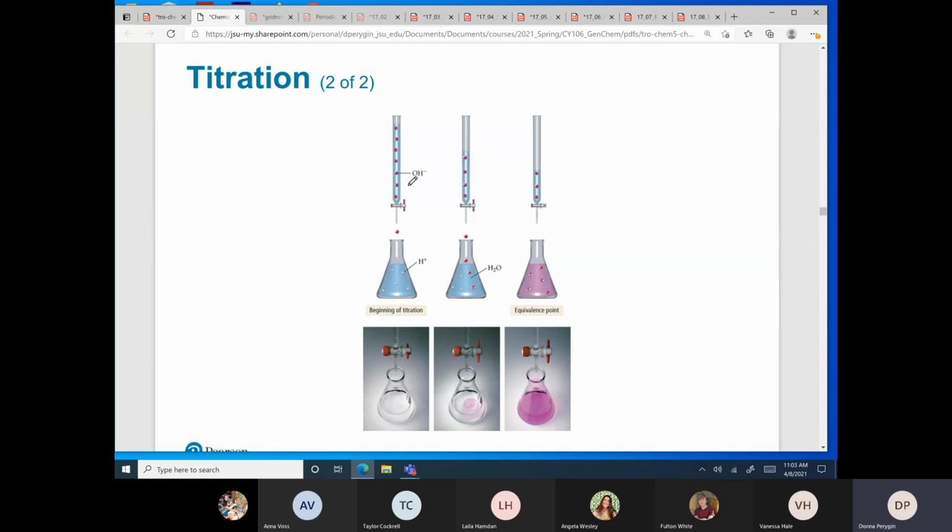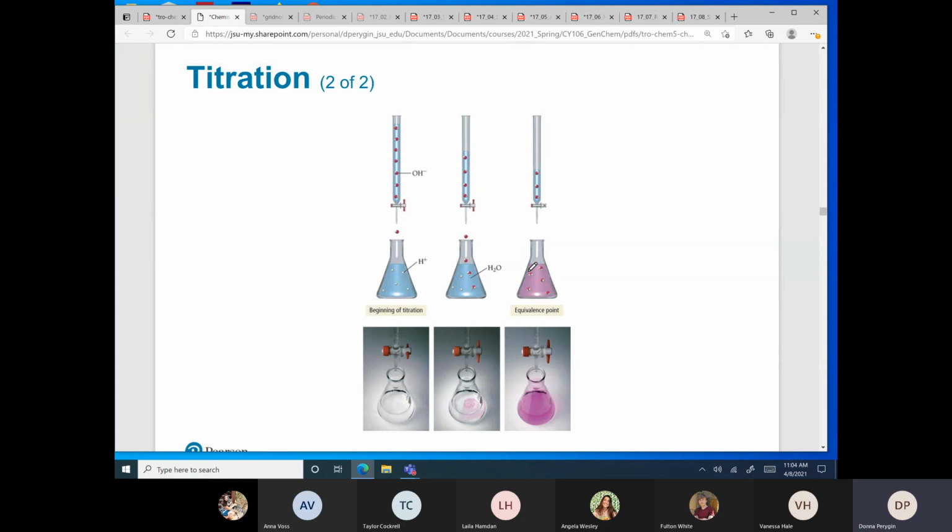So if you have a base in your, this thing is called a burette, this tall test tube looking thing with this on the bottom called a stopcock. Okay, so you're probably doing titrations in lab now, and so you'll put an unknown concentration here, and you're going to drop your solution of known concentration from the top until you reach an equivalence point, which is often indicated by a change in color.